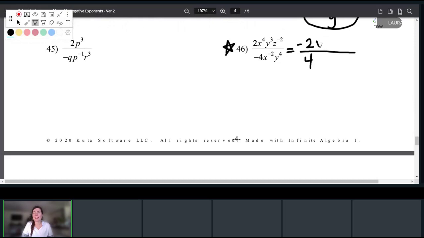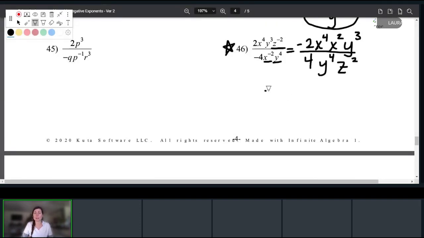All right, so we have an x to the fourth that can stay. I'm going to move this x to the negative second up top, and it becomes x to the positive second. Then in the numerator, we still had a y cubed, so I'm going to just keep that. In the denominator, we had a y to the fourth. That's fine to stay. It's a positive exponent. And then we had this z to the negative second in the numerator. That's going to move to the denominator as a positive z to the second.